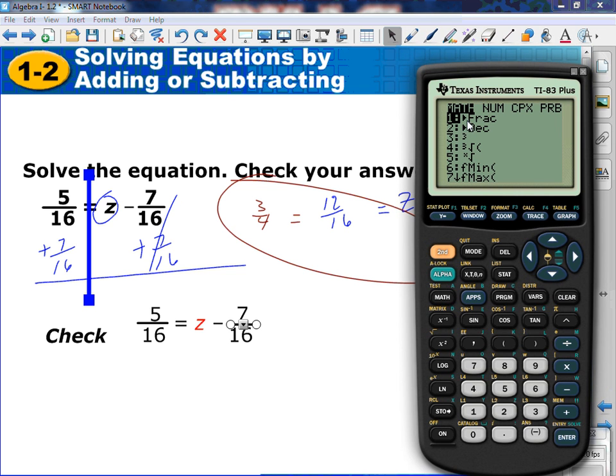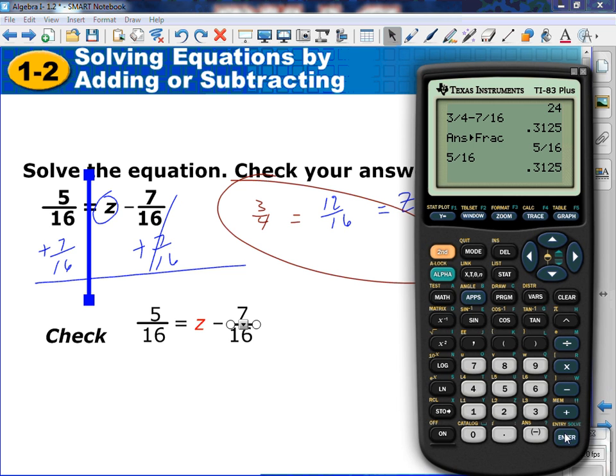The arrow frac means it will change it to a fraction. If I press enter, it now says ANS. It will take your previous answer and change it to a fraction. 5/16. The other option you could have done is take 5/16 and change it to a decimal. They match, we're good.